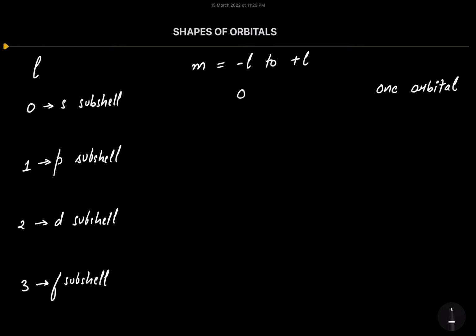Now let's talk about the p subshell. The value of l for p is 1, so the value of m will be from minus 1 to plus 1. So it will be minus 1, 0 and plus 1. Here we got three values of m which specifies we have 3 orbitals in p subshell.